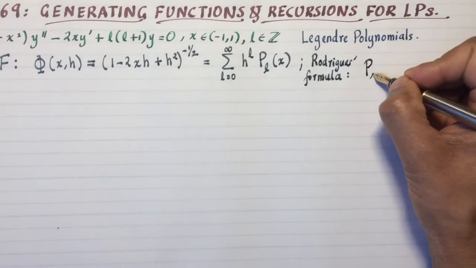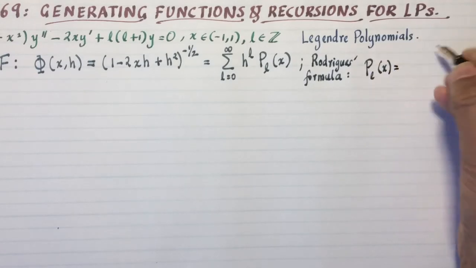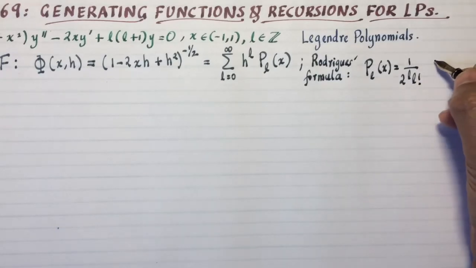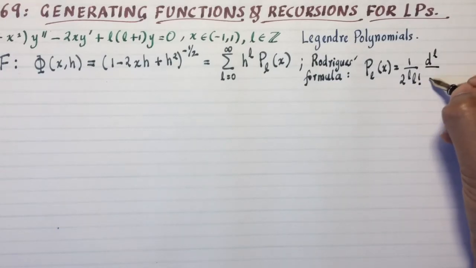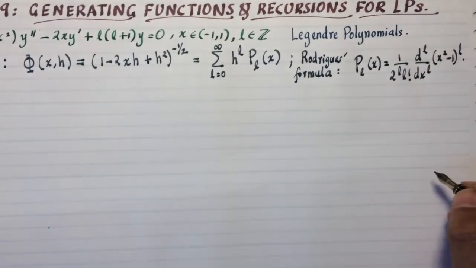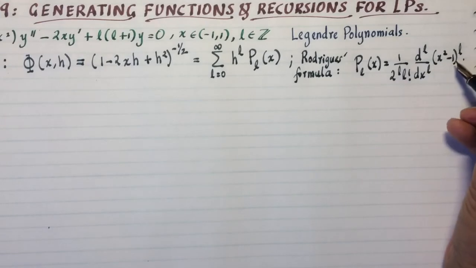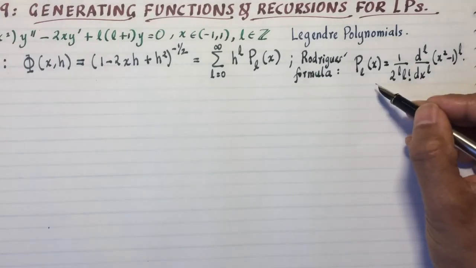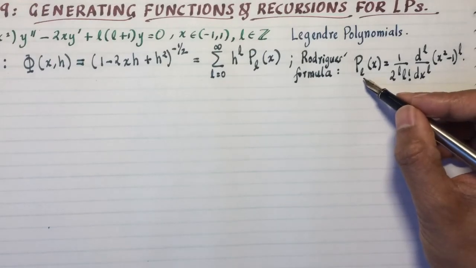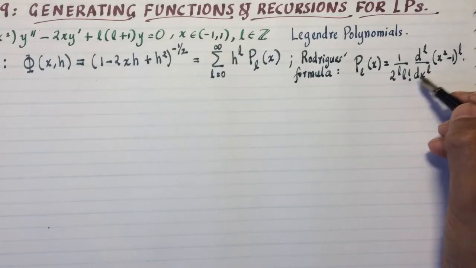So you can get P_L(x) as 1 over 2 to the L, L factorial, d^L over dx^L, that means the Lth derivative of (x squared minus 1) to the power L. That's also very convenient, because if I want to find what P1(x) is, I can apply this. If I want to find what P2(x) is, I just have to put L equals 2 there and find it out.